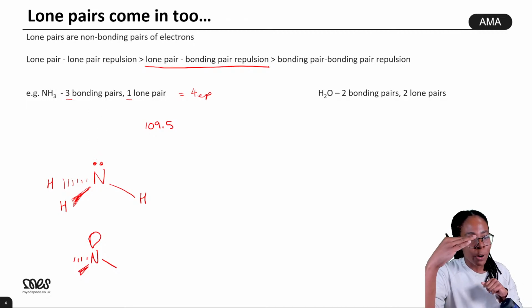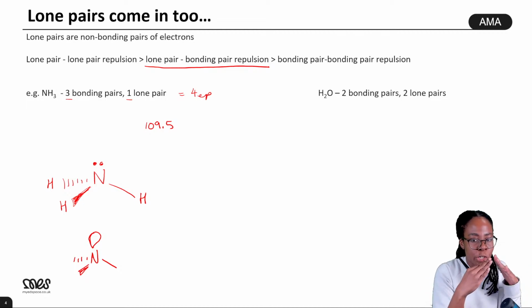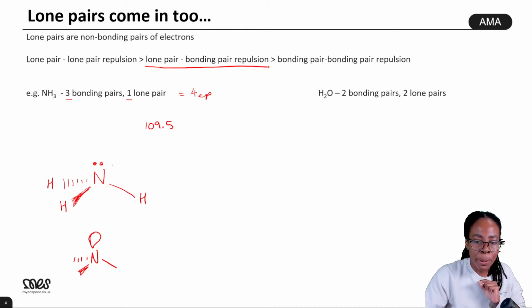So think about the lone pair at the top, like squashing and pushing the other bonds closer to each other. And for every lone pair that we have, our bond angle is going to decrease by approximately 2.5 degrees. So rather than having a bond angle of 109.5, our bond angles are going to be 107.